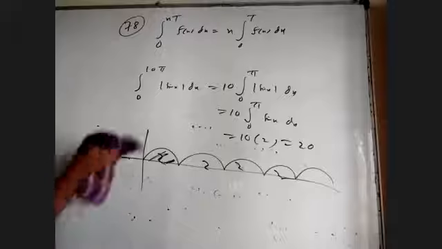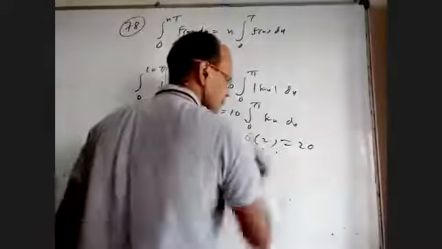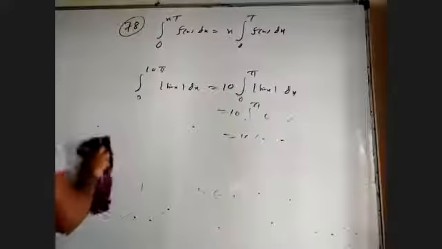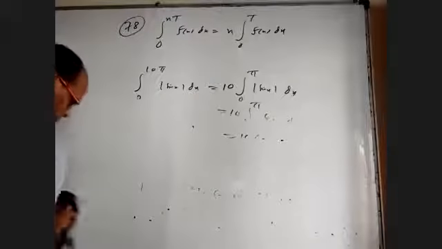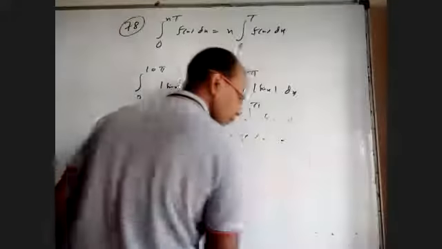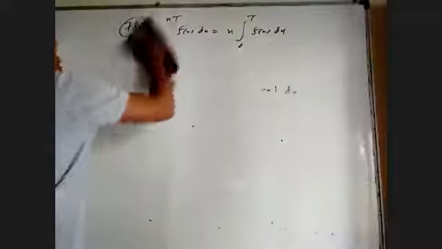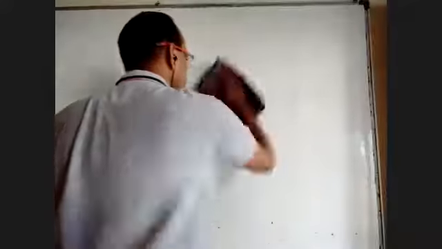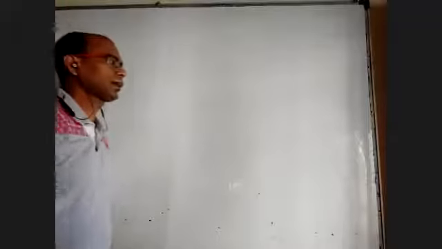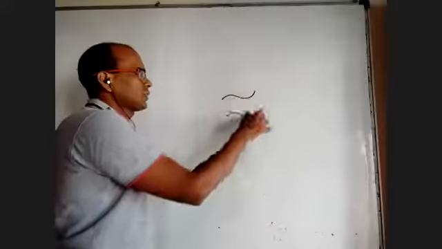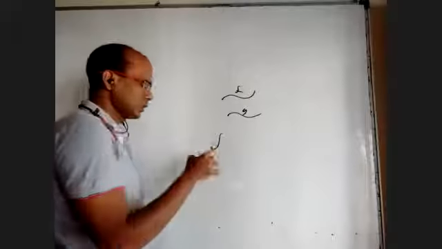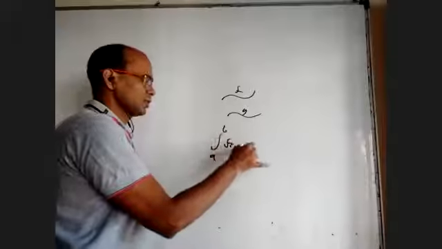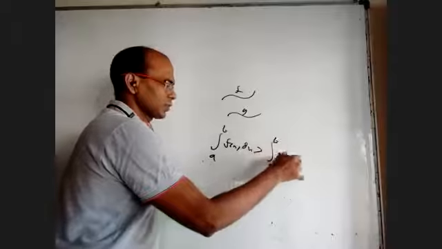Okay, I'm going to erase this. Last class I was telling about this point, that if one curve is higher than another curve, if this is f and this is g, integral a to b f of x dx will be greater than integral a to b g of x dx.